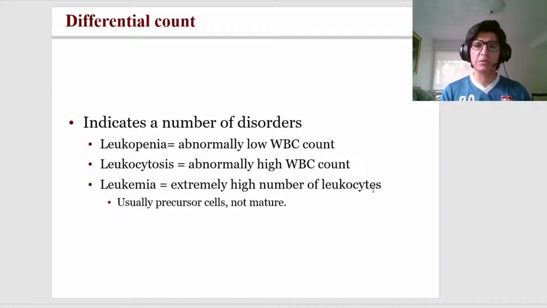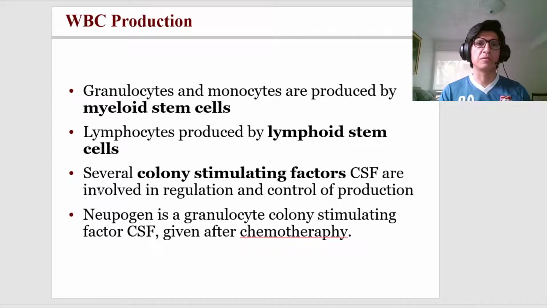The difference between these two is that usually leukocytosis is a sign of an infection if you have a lot of white blood cells, and in leukemia, you will have a lot of white blood cell progenitors. So the cells that can divide are the ones that increase in number, and usually this is a sign of just a cancerous phenotype.